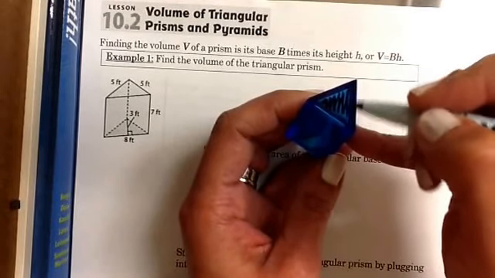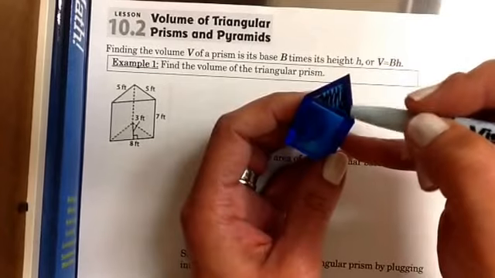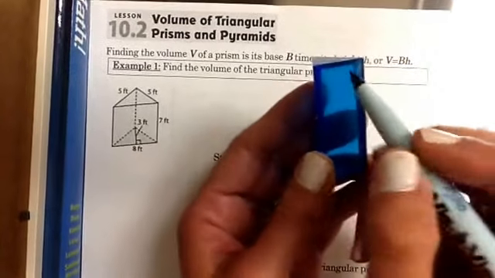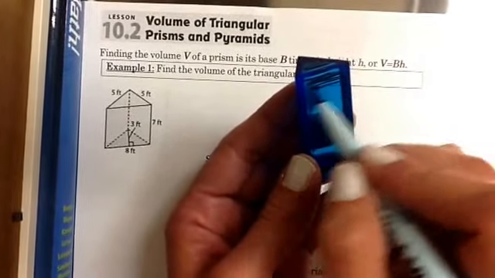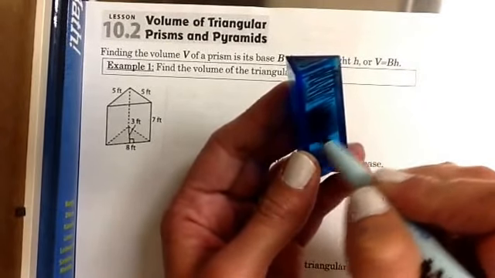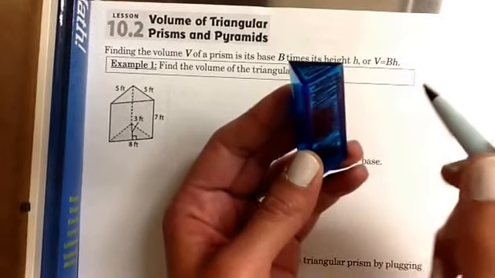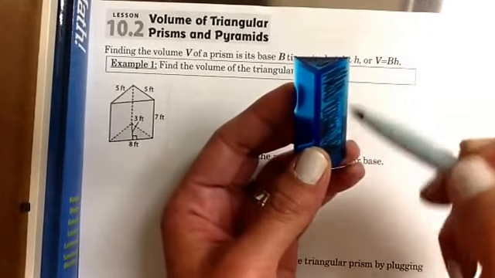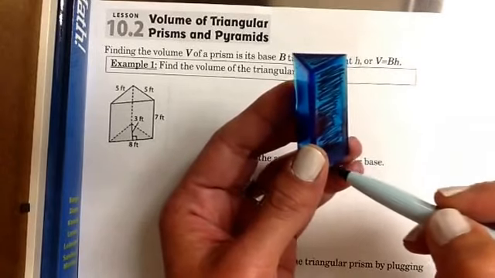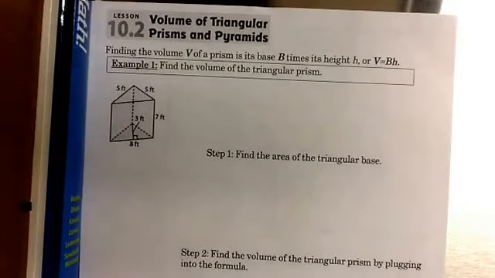So if I were to fill in this triangle, that is the area of the base. And then if you imagine that you're stacking all these little triangles together to see how much space is inside this prism, that's why we multiply the area of the base times the height. So that's what we're going to be doing in this lesson.